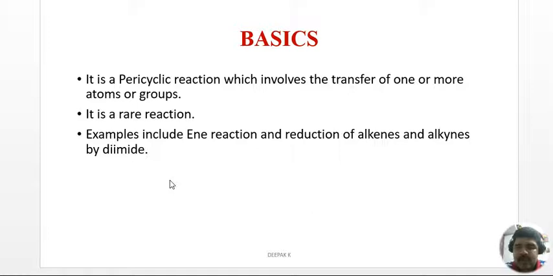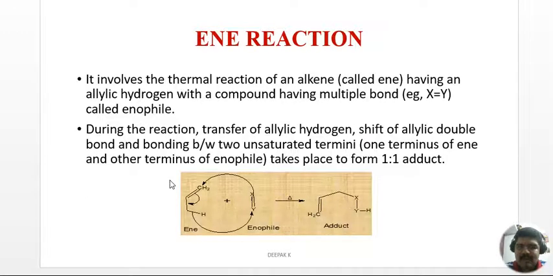And in this session we are looking at the properties of the Ene reaction. So what is the Ene reaction? See, it's a thermal reaction of an alkene, and that alkene is known as the Ene. This alkene has an allylic hydrogen, that is the condition.